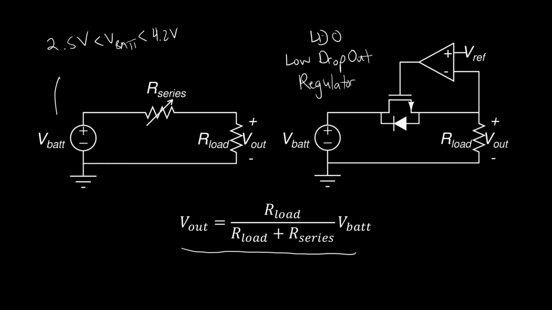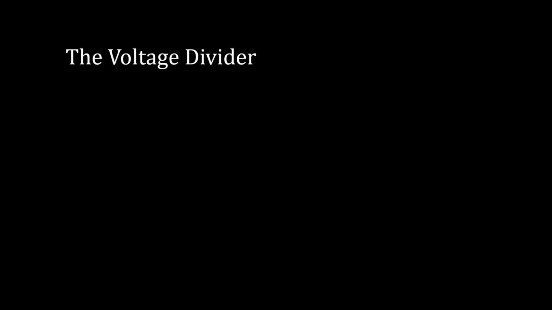And we compare the output voltage to some reference to adjust the gate voltage of the transistor, to adjust the voltage drop across the transistor, which in turn forces the output voltage towards the reference voltage. And in that way we can control the output voltage.